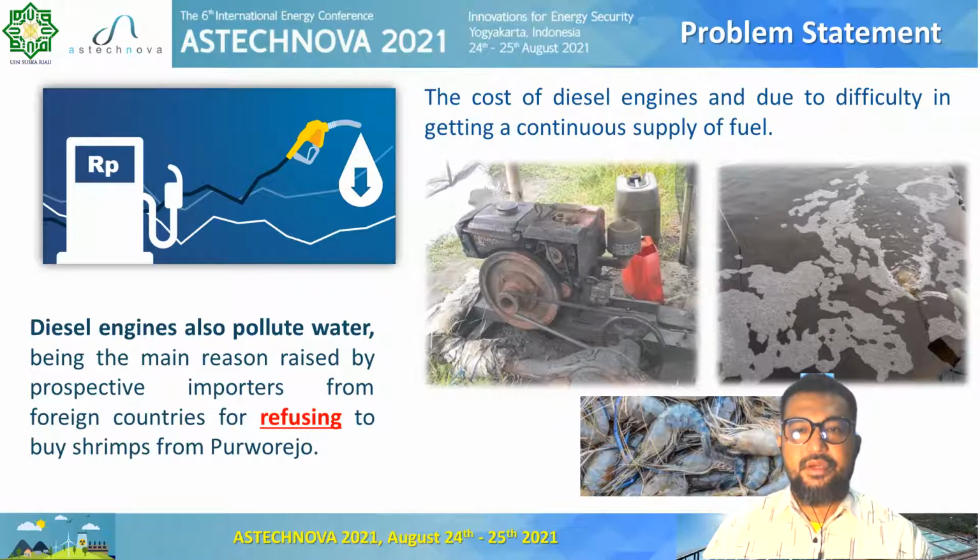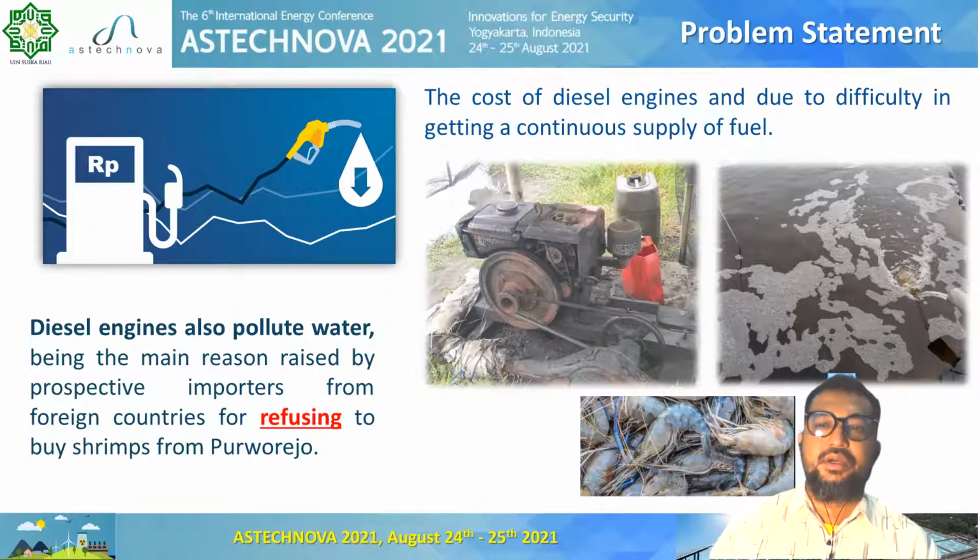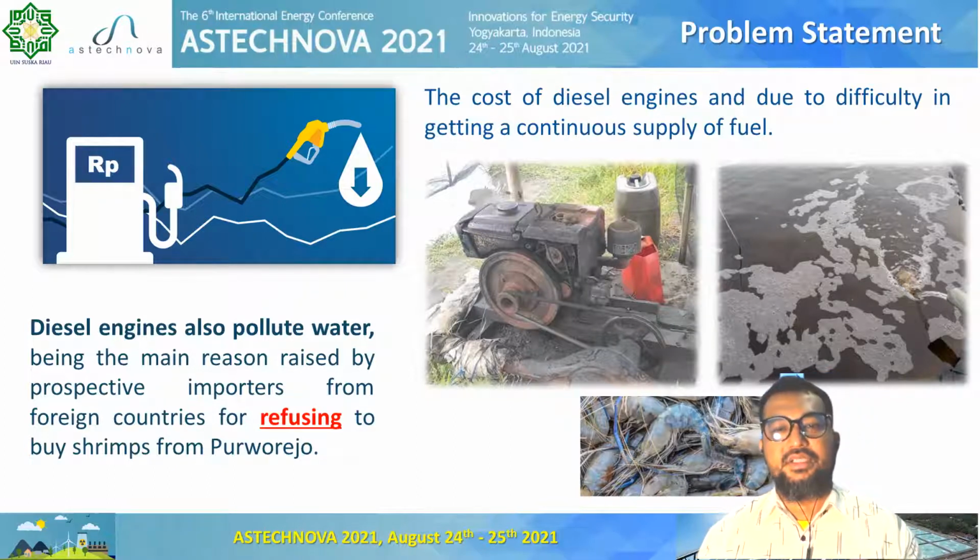In addition, because the diesel engine produces waste, like fuel or oil spills, the pond becomes polluted. Some importing countries have certain standards, so sometimes shrimp from this area are rejected.